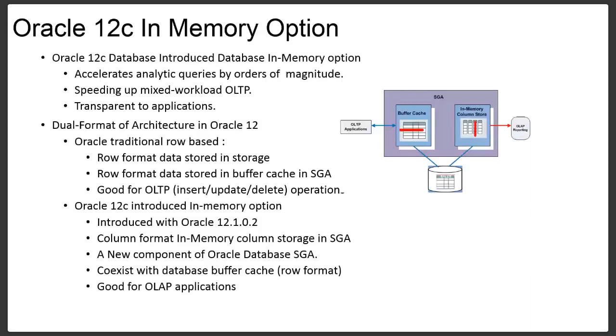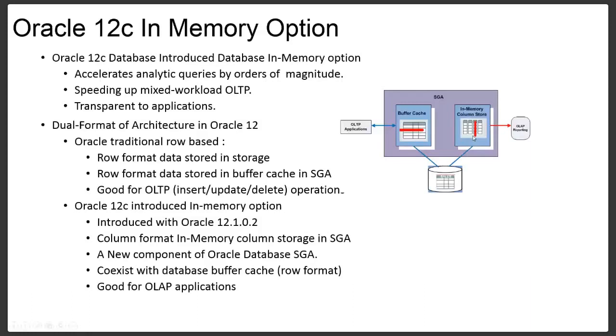This will allow us to get very efficient OLTP insert and update operations. But at the same time, Oracle introduced this in-memory option as a second piece of buffer memory in the SGA. The name of this memory is called the InMemory column store. This is specifically designed for queries, big analytic queries.